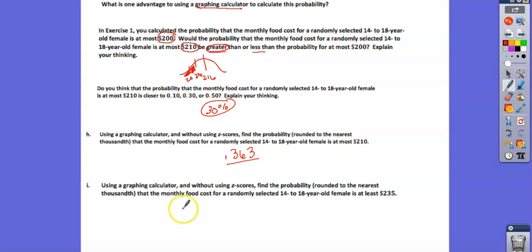And again, at least 235 means the left bound is 235. Right bound has to be 999 if you're in the graphing calculator. If you're in the online function, you'd have to put infinity in there. Then your mean, and then your standard deviation, and this one you're going to get 0.091. Okay?